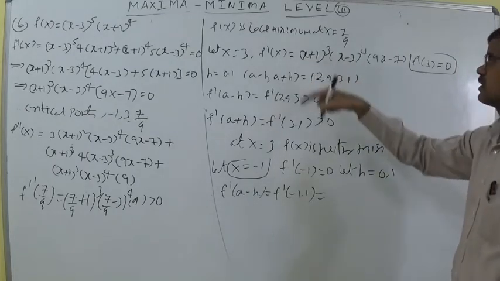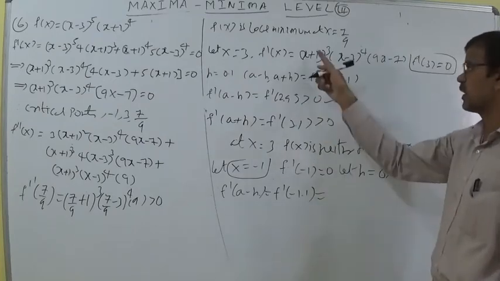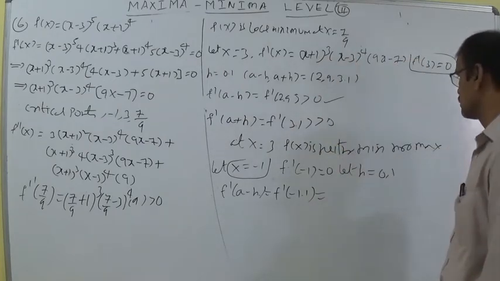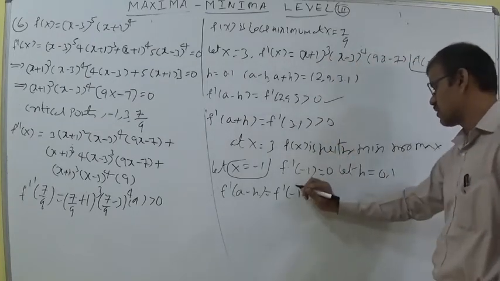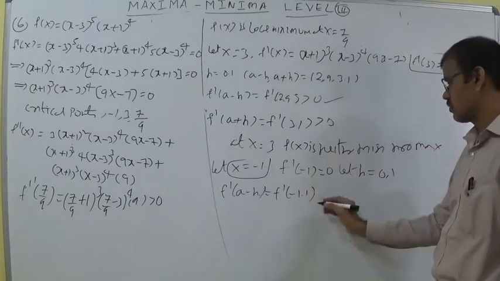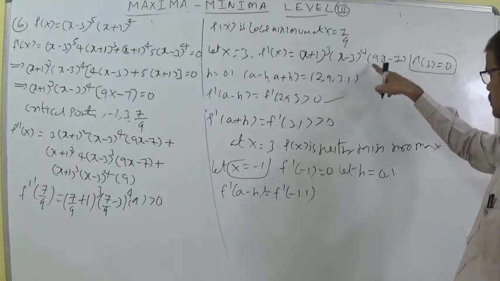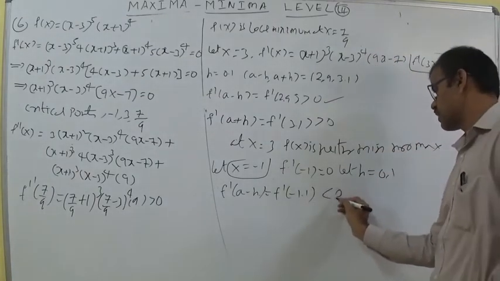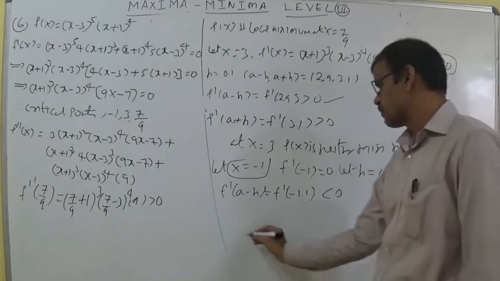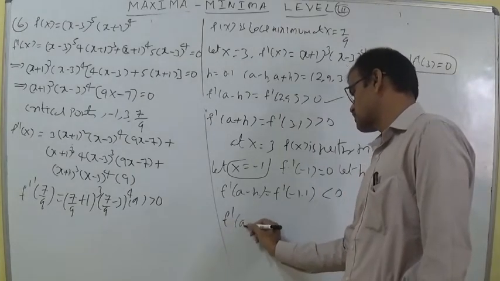Minus 1.1 plus 1 becomes minus 0.1 whole cube, always it is negative. Because minus 0.1 is negative. Negative into this, of course power 4 is there, positive, this is positive. So negative you write. Next f dash of a plus h I am writing.